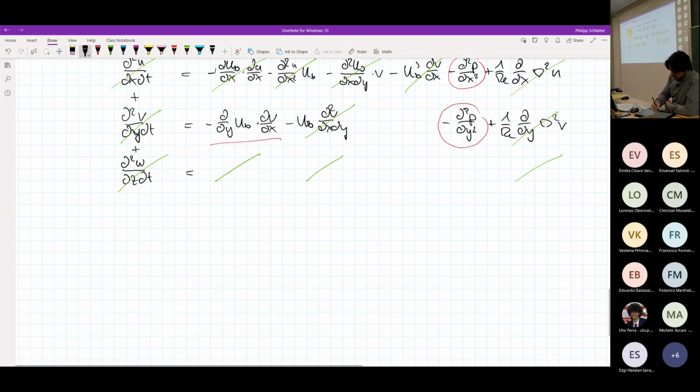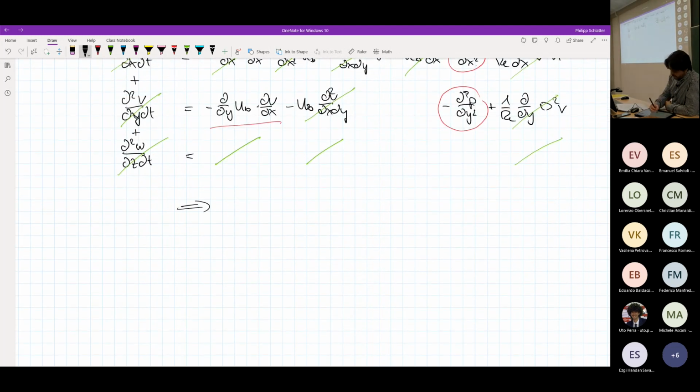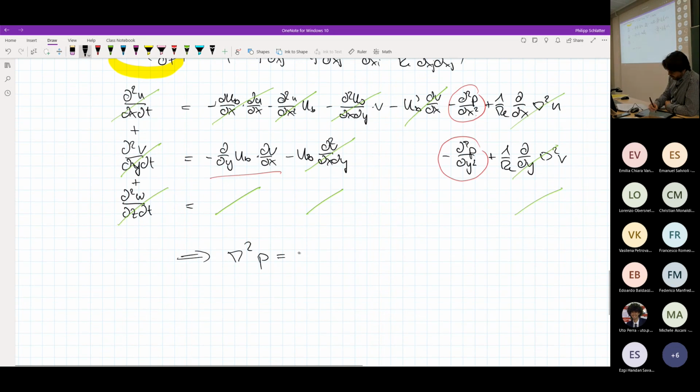So at the very end, what we are left with is nabla squared p, which is minus 2 ub prime dv dx. And this is what we will call the pressure Poisson equation.